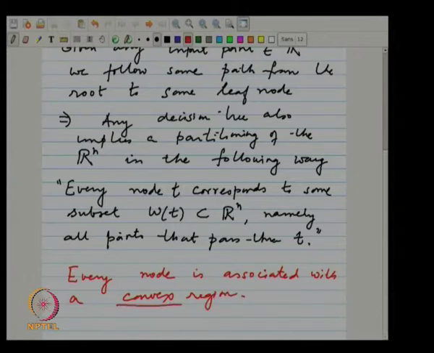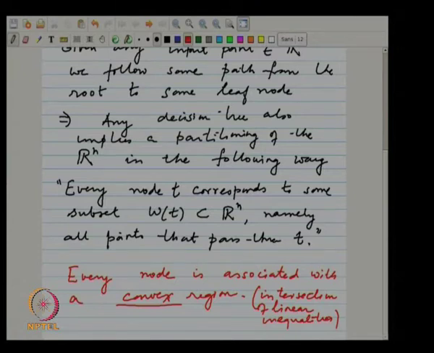This is the operative word, because it is the intersection of linear inequalities, which are convex sets, right.